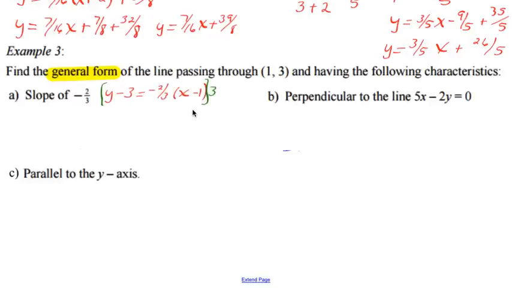That's our point-slope form. And then in order to get this in standard form, we can't have any fractions. Remember, those coefficients must be integers. So I'm going to go ahead and multiply that entire equation by 3, which gives us 3y minus 9 equals negative 2 times x minus 1.